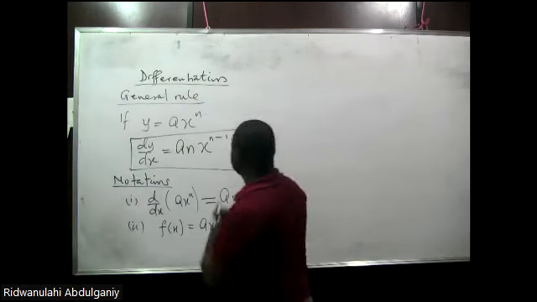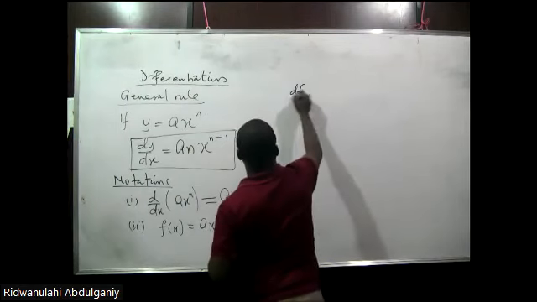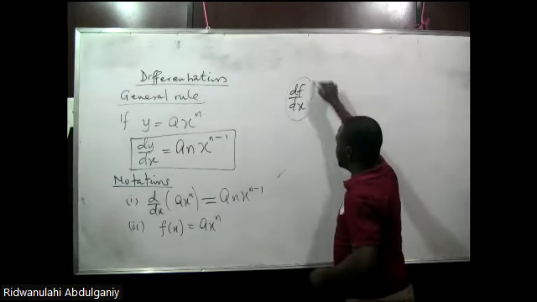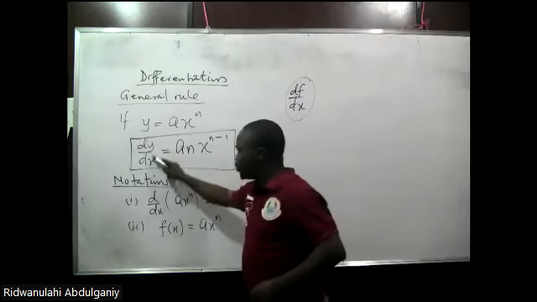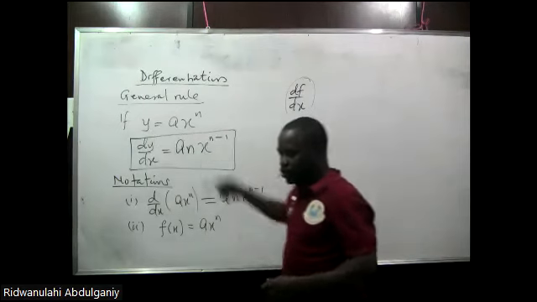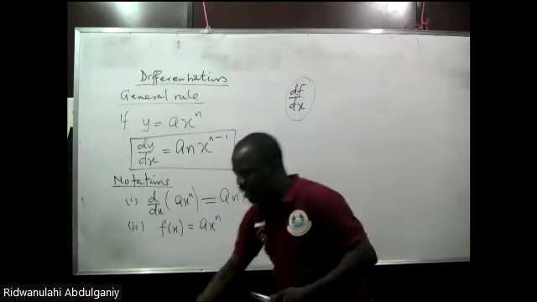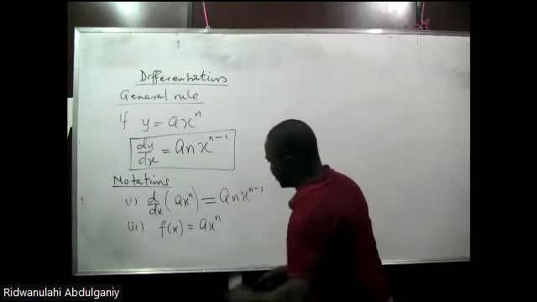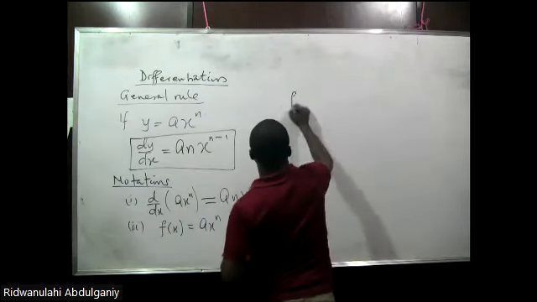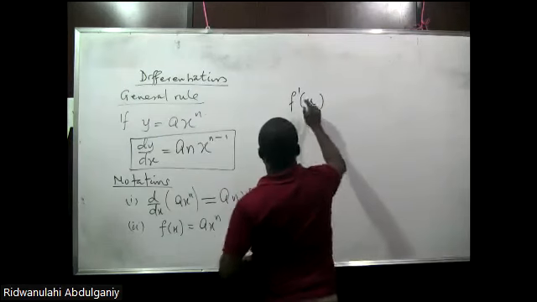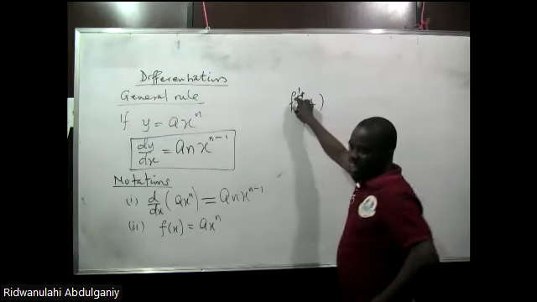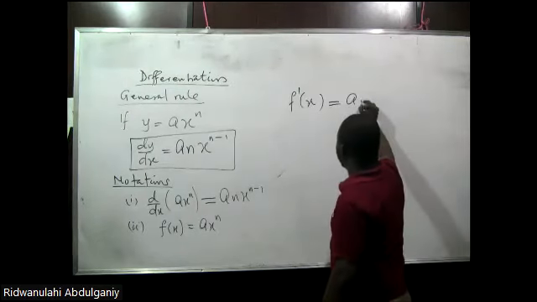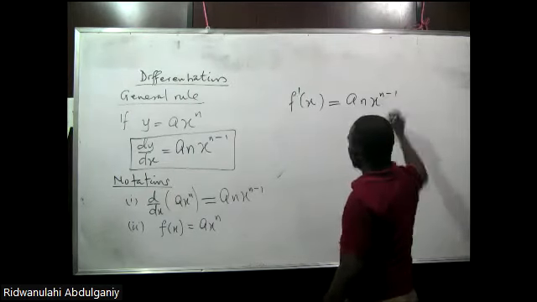Either we write it as df/dx, but I don't want this one because that is equivalent to what I have here. So I want to use another notation entirely. The notation now is f prime of x. Anytime you see f prime, it means differentiate once. f prime of x is a n x to power n minus 1.